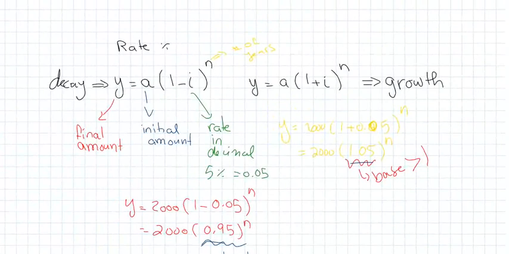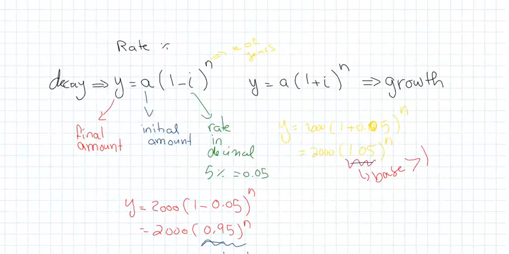Then the other two types of equation that we use are the special case ones, and they deal with half-life and doubling. If you took chem or bio, you probably have seen some of these equations.